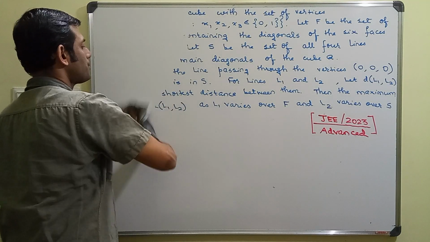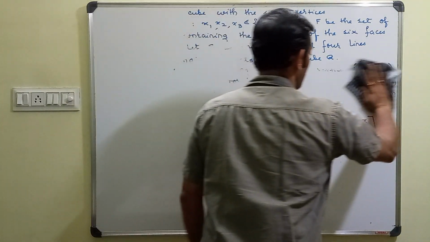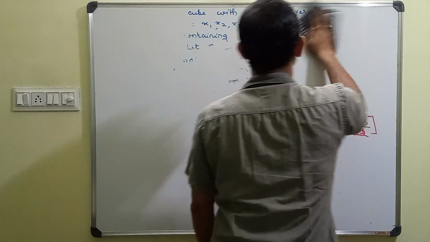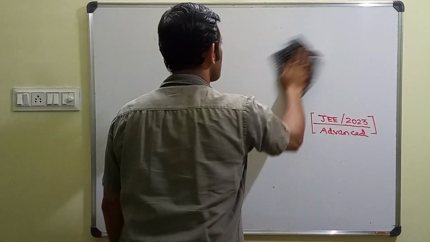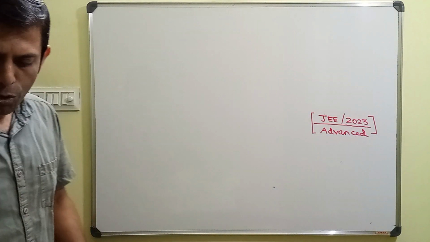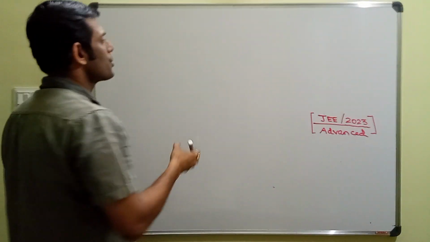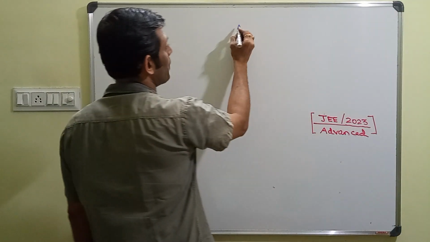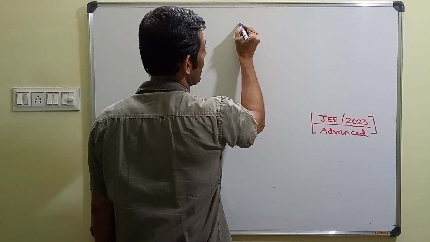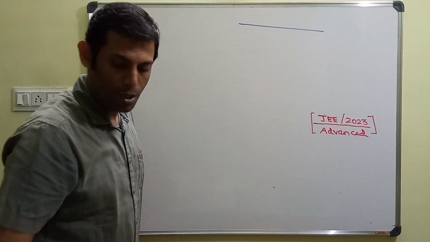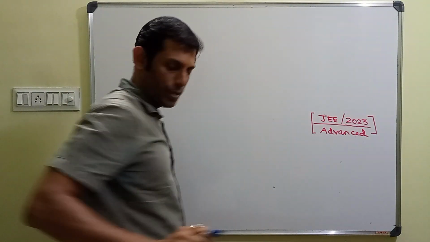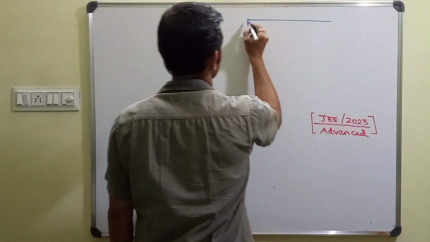Now see, the diagram is actually of a cube, and in the simplest sense, if I draw a cube, then the vertices can be easily located, and that is the benefit of taking a diagrammatic picture of a cube. Say for example, we take a cube like this.